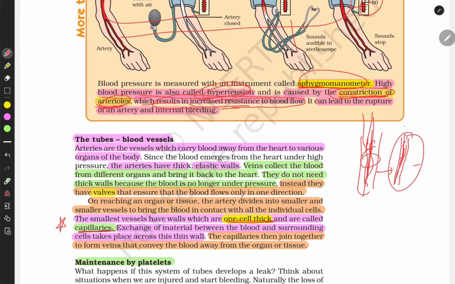When there is a small volume, the blood needs to be pushed through by higher pressure. So this contraction of the arteries causes high blood pressure, that leads to the rupture of the artery and internal bleeding. When there is a high pressure, the wall cannot resist it, so it can rupture and cause internal bleeding.